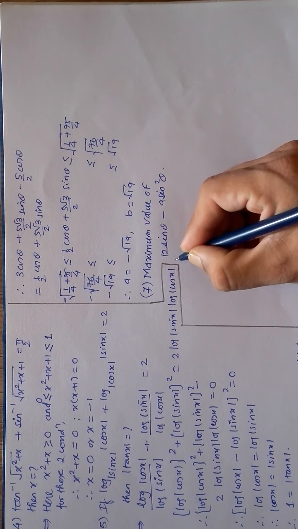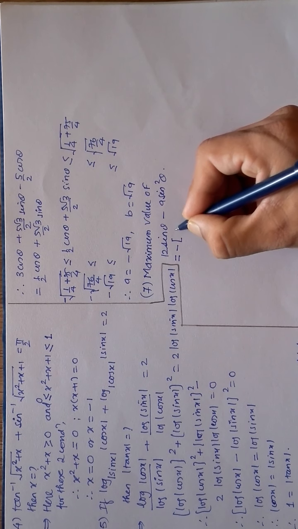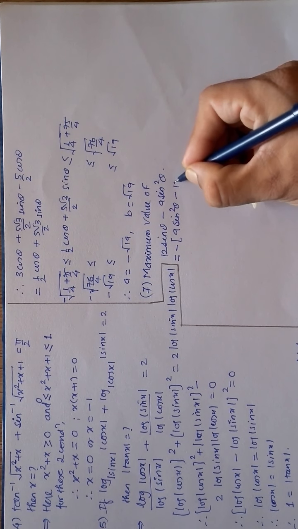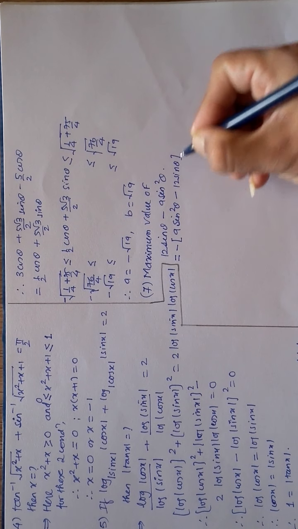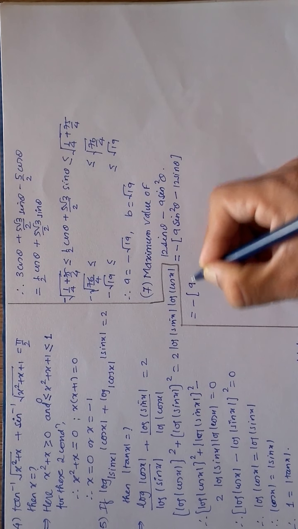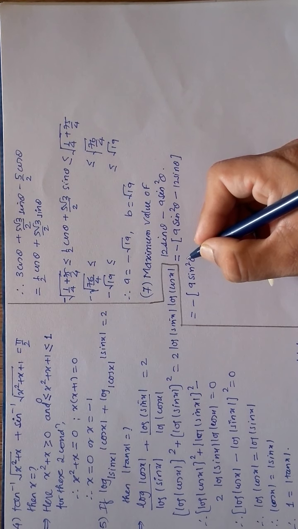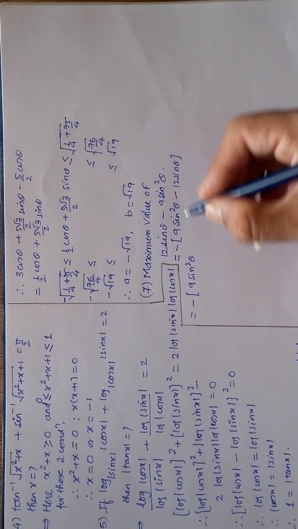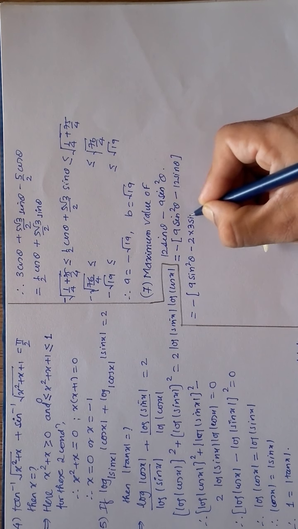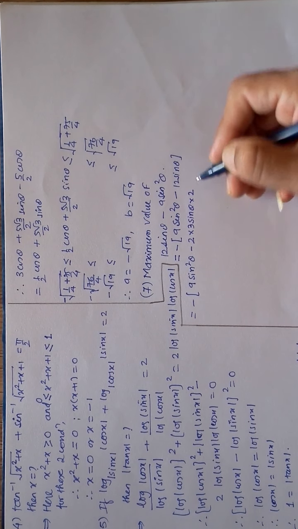So step number 1, I am taking the minus sign common. I get minus of 9 sin square theta minus 12 sin theta. I hope you agreed with this. So 9 sin square theta is nothing but 3 sin theta whole square, agreed? Then minus 2 into 3 sin theta into 2, which means this particular 2 is extra.